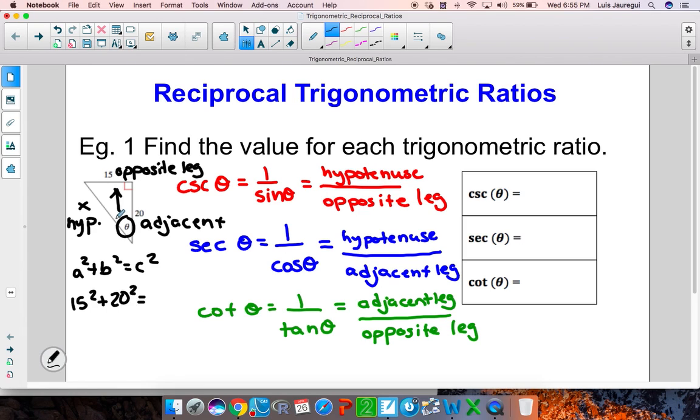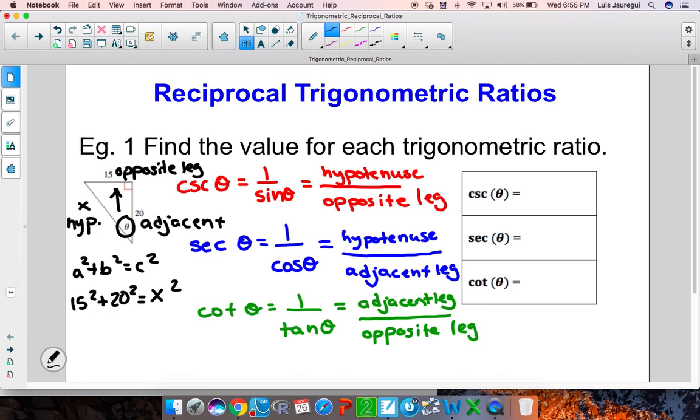In this particular case we have x, so this is just x squared. Okay, now we have 15 squared, which is the same as 15 times 15, plus 20 squared, which is just the same as 20 times 20. And we are going to go ahead and do the math because that will be equal to x squared.